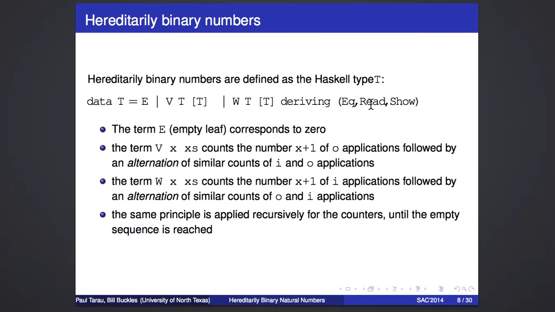Deriving Eq, Read and Show means that Haskell derives for us automatically the equality operation. It provides a parser and it provides a printer for objects of this type.